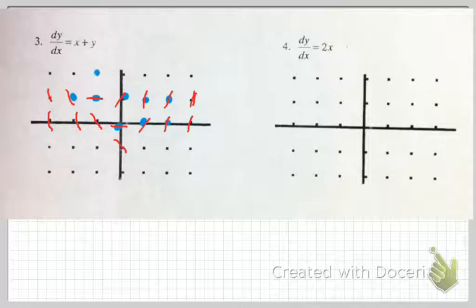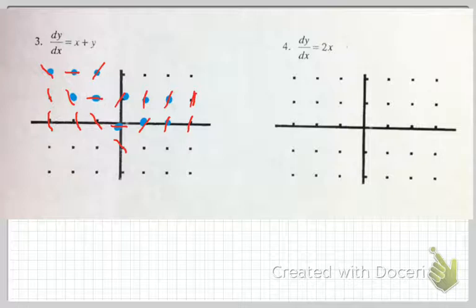At this point here, we have negative 1 plus 2, which will give me 1, positive 1. And for this one here, it's going to be negative 2 plus 2, which is 0. And for this one here, we have negative 3 plus 2, that's negative 1.